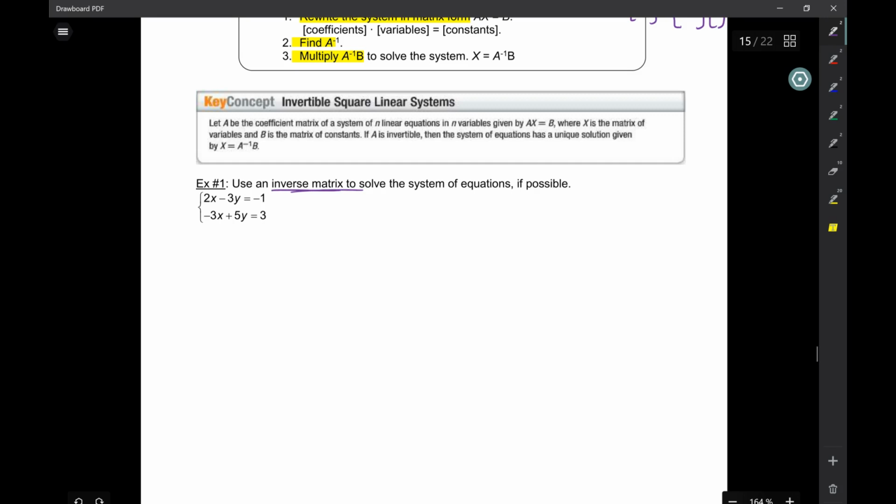All right. So first we have to write it in terms of matrices like this. Okay, so here's how it's going to work. We're going to have here the coefficient matrix. That's 2, -3, -3, 5.